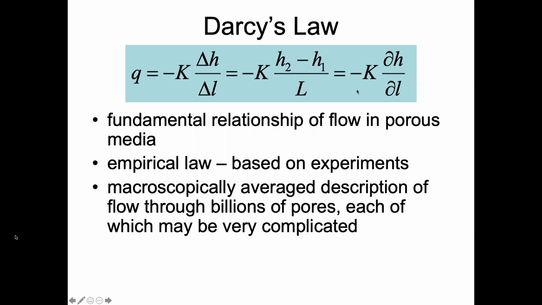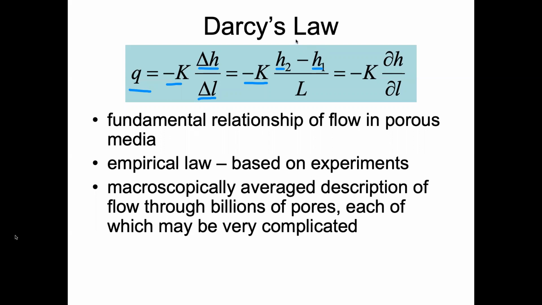So when you're working on your equation sheets, it's good to write that the volumetric flux is equal to negative K times the change in head over the change in length. Another way to write that is that the volumetric flux is equal to the hydraulic conductivity times head 2 minus head 1.